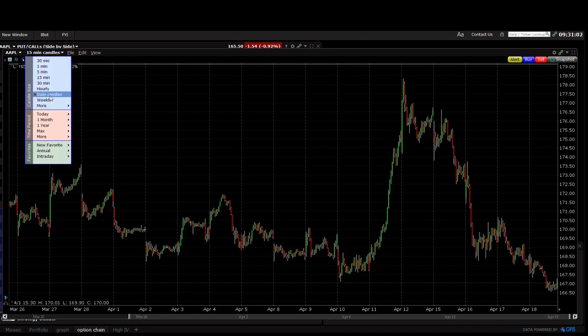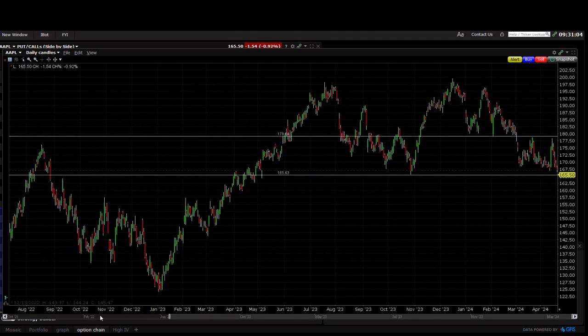Let's start from a daily chart. So this is from February 2022. Now this is 2024. The price went up to close to 180 in August 2022, and it went down to around 130, 127, and then again went up.